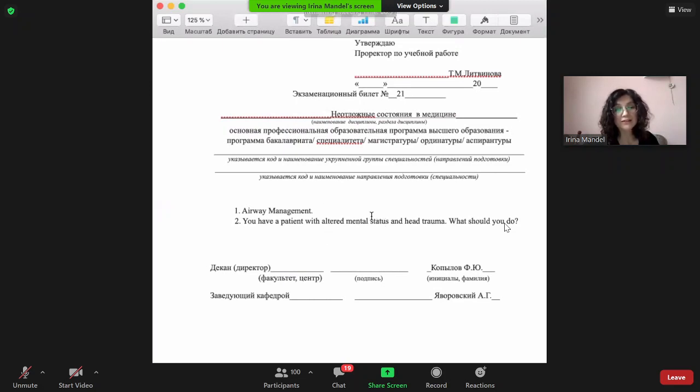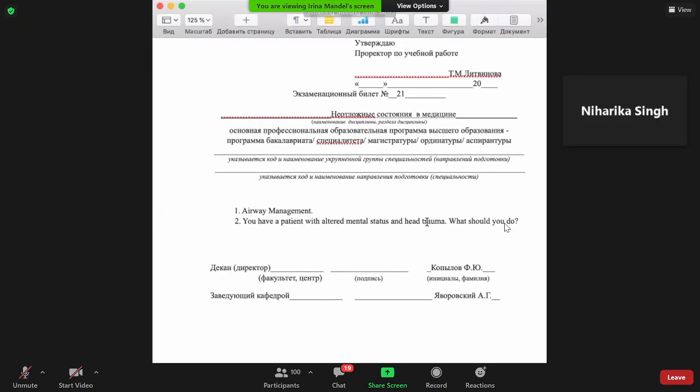And the same altered mental status, but with the head trauma the hypoglycemia is unlikely here. And here we suspect not the stroke, but the head trauma, which means that you should take this patient to the CT scan to find out maybe hemorrhage, intracranial hemorrhage. Concussion, can it be?